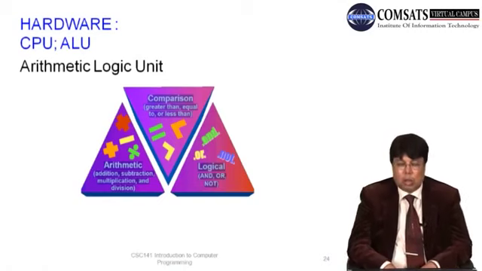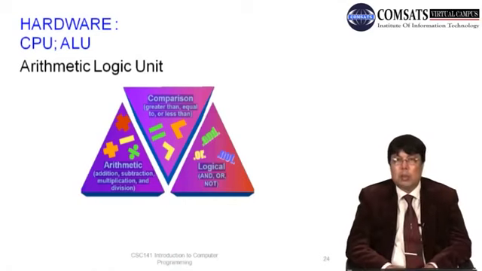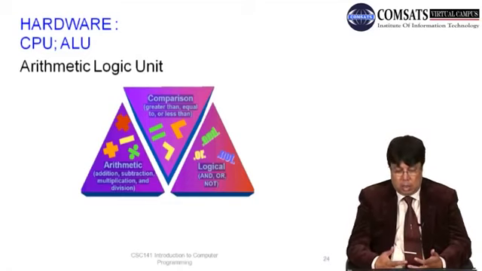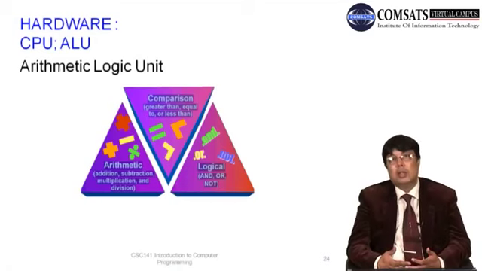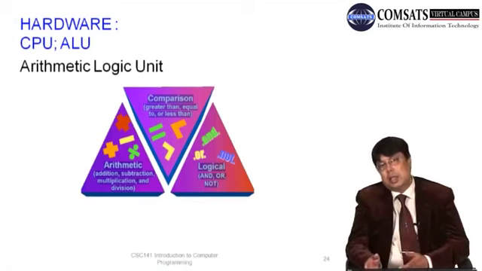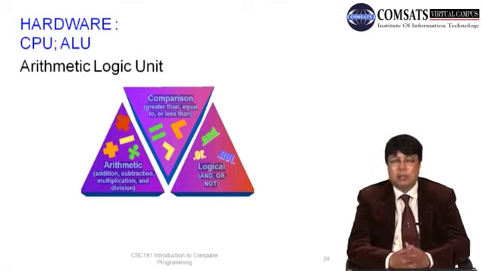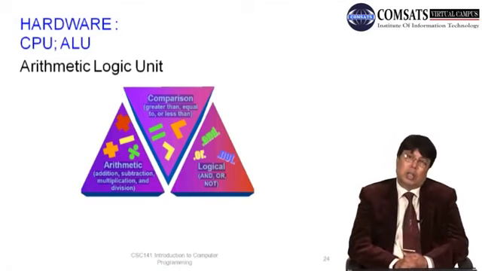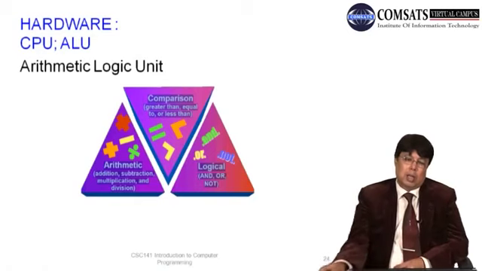And then there are some logical operations that can be performed, and these logical operations are AND, OR, and NOT. These are operations related to computers, for example, if A is greater than B and B is greater than C. So this AND is called a logical operator, and this logical operation is also performed by the arithmetic logic unit.